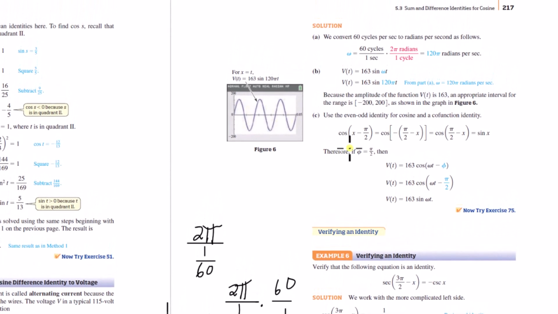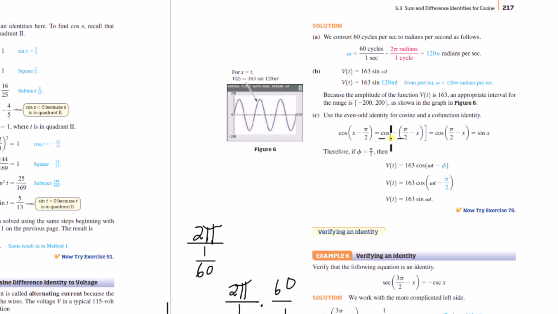Let's see, what do they do here? Okay, they verify that cosine x becomes... Okay, so they don't even use the difference identity here. They go another route. You could have used the difference identity, but I don't know why we wouldn't use it. That's the point of this section.